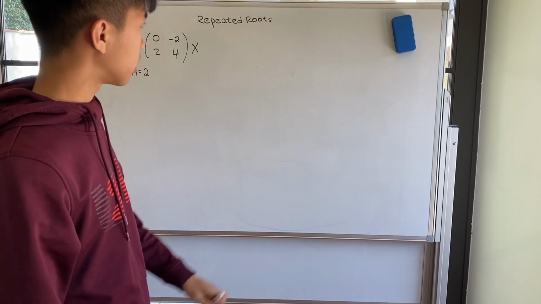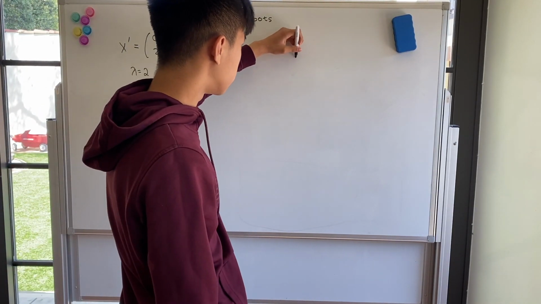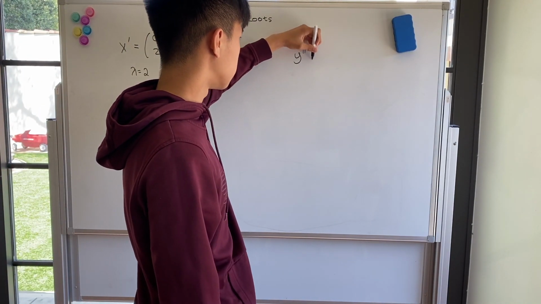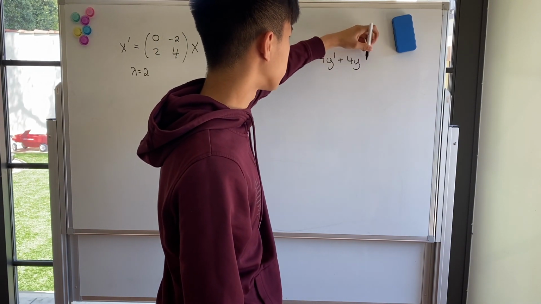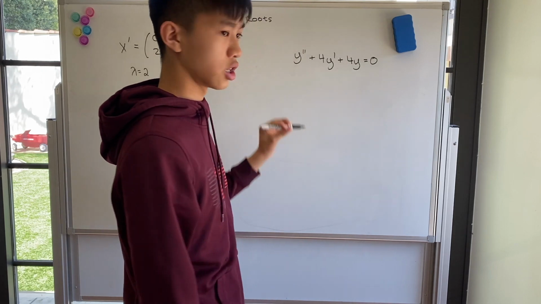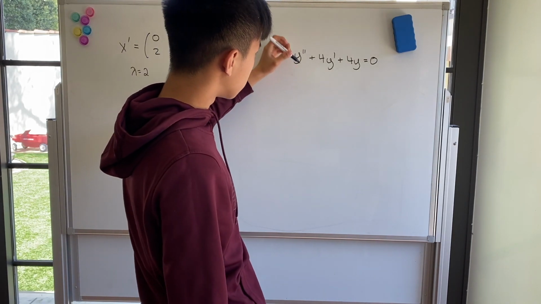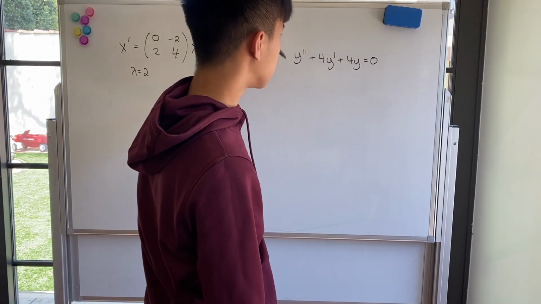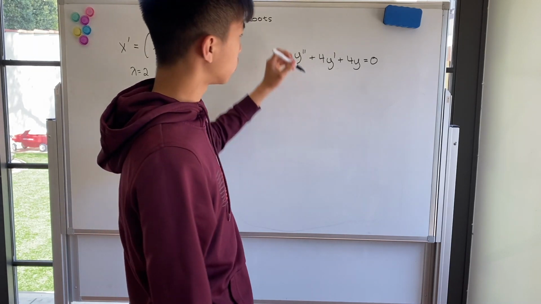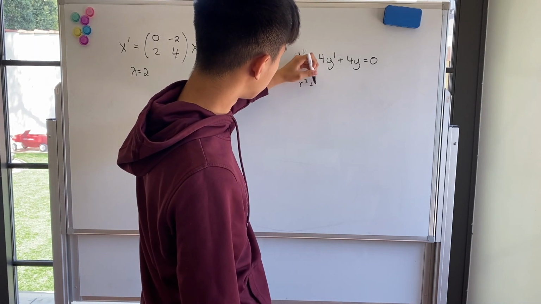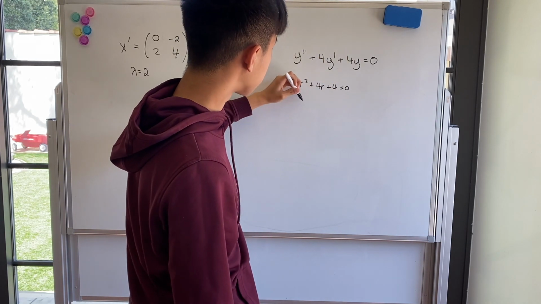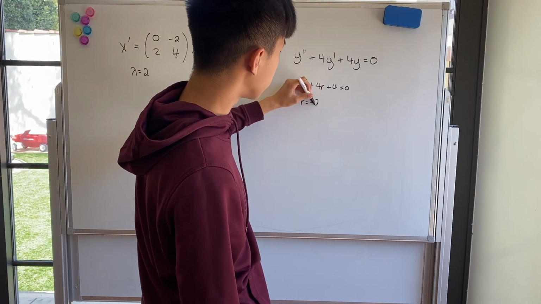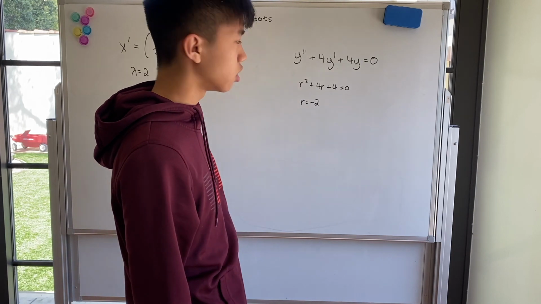If you remember from one of my previous videos, what happens if we have a differential equation like this that has a repeated characteristic root? This differential equation leads to this characteristic equation, and we find that the root -2 is repeated.